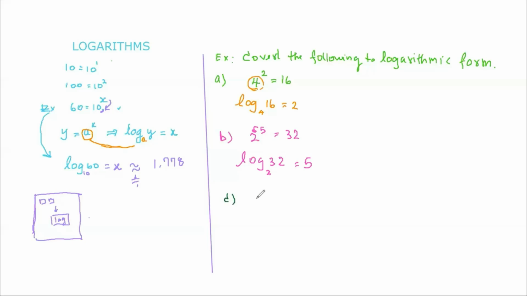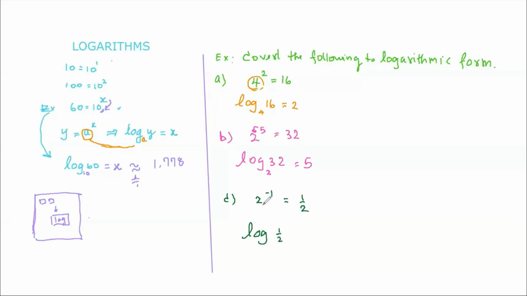If I have 2 power negative 1 equal to 1 over 2, again, check which one is the base. The base of the exponent is 2 here, so you take log base 2 of 1 over 2.